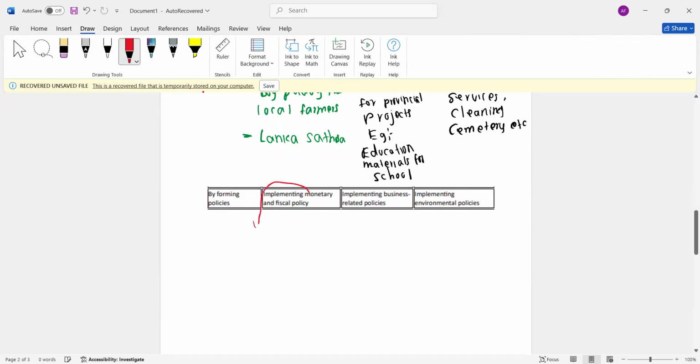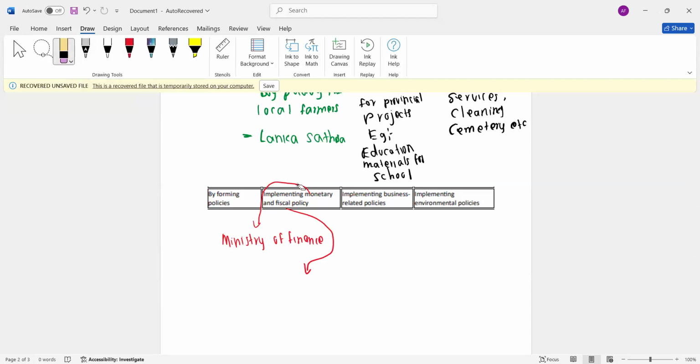Monetary policy implemented by Ministry of Finance. Then what about fiscal policy? Implemented by, this was a fill in the blank question in a model paper, and I think also in a school term paper, they gave it. Oh, sorry. There's a mistake.